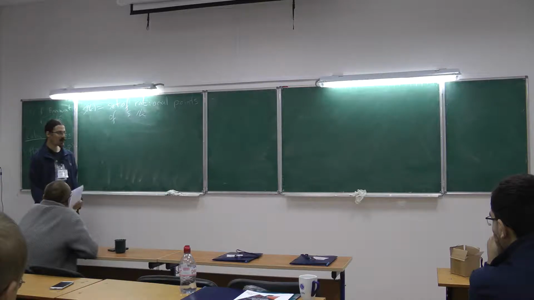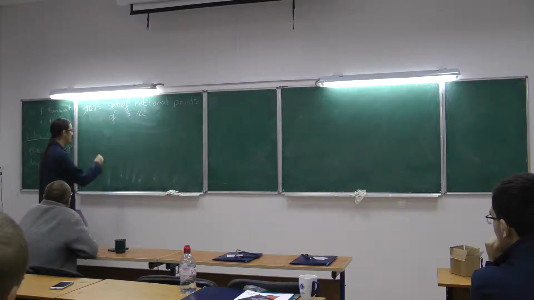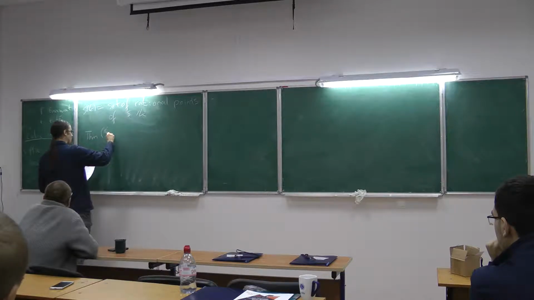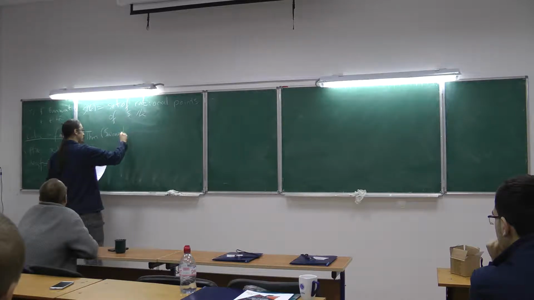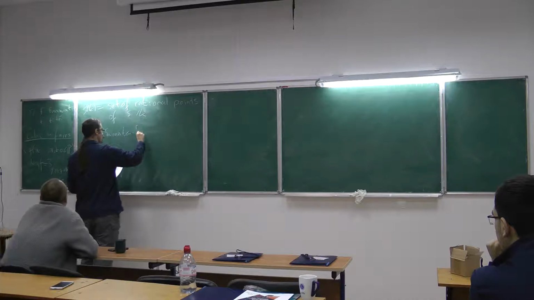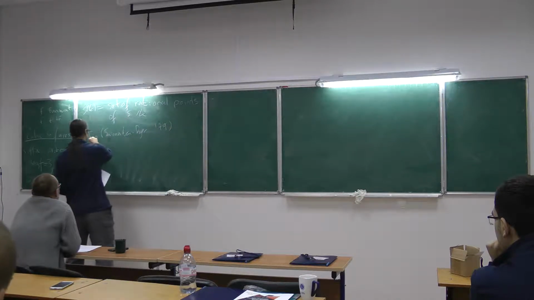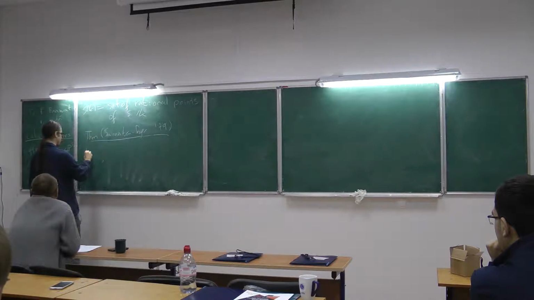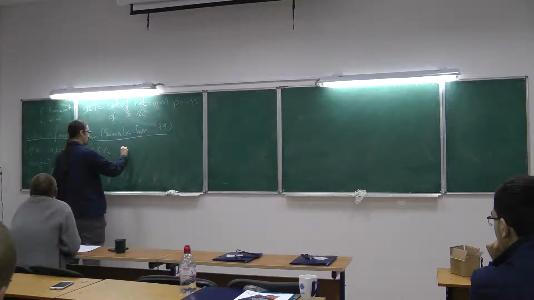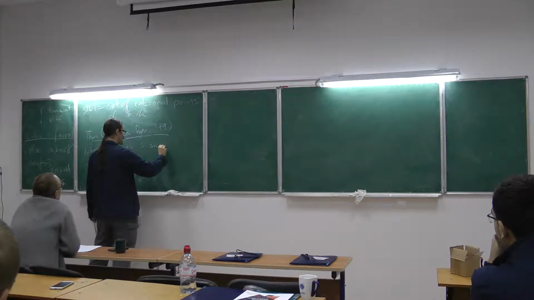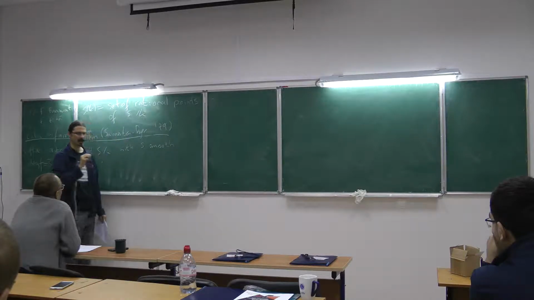I'll start off by showing you some of the really amusing stuff that can happen over finite fields. There's a cool theorem due to Swinnerton-Dyer from 1979. It says: let S be a cubic surface over K, smooth.